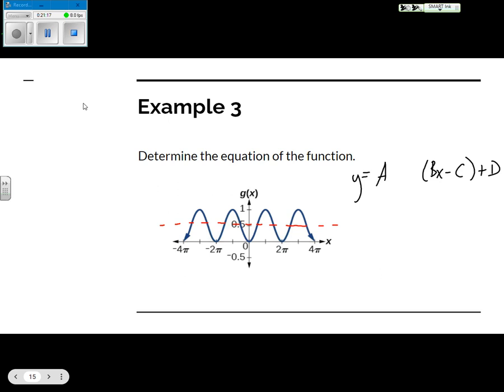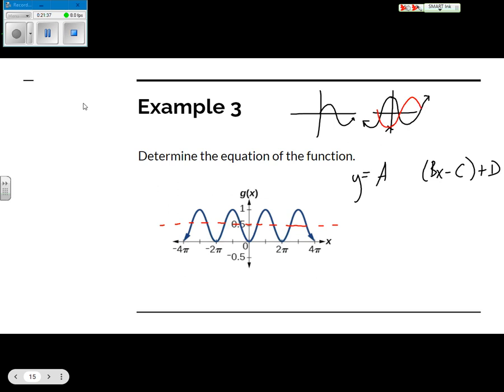Whenever I graph sine, sine likes to start right in the middle and go, while cosine likes to start on a hill. Look back at your last example. I can't bring it back up. I erased it. I dropped the ball on it. Look at what happened on the last one. We started down here, didn't we?